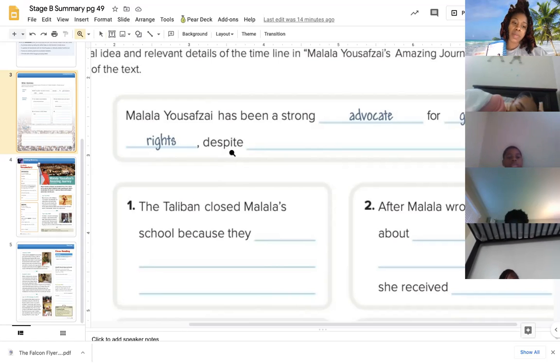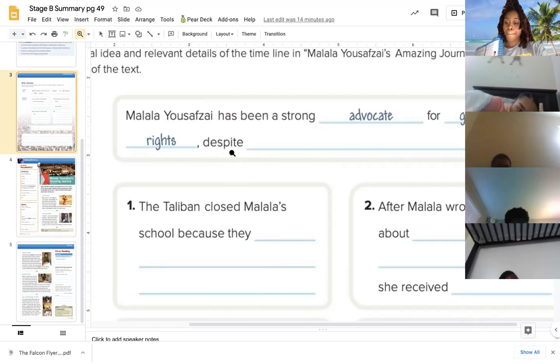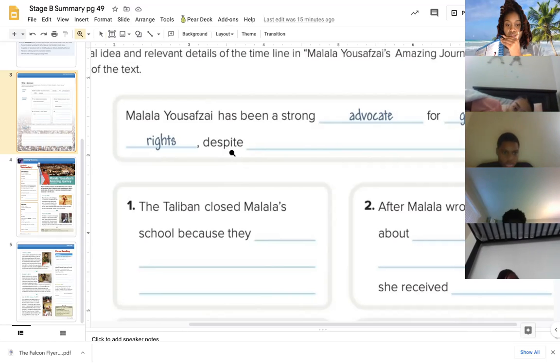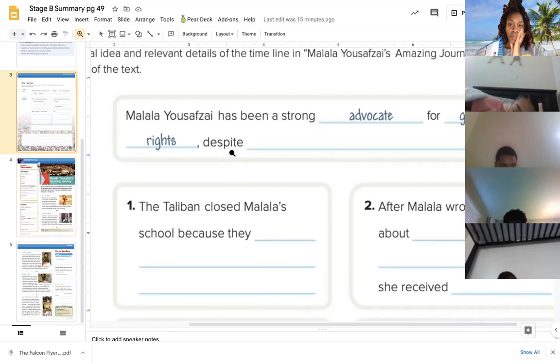What is this? You guys know what despite means? What does despite mean? Someone look it up real quick and tell us what it means. Kylie, are you looking up the word despite?